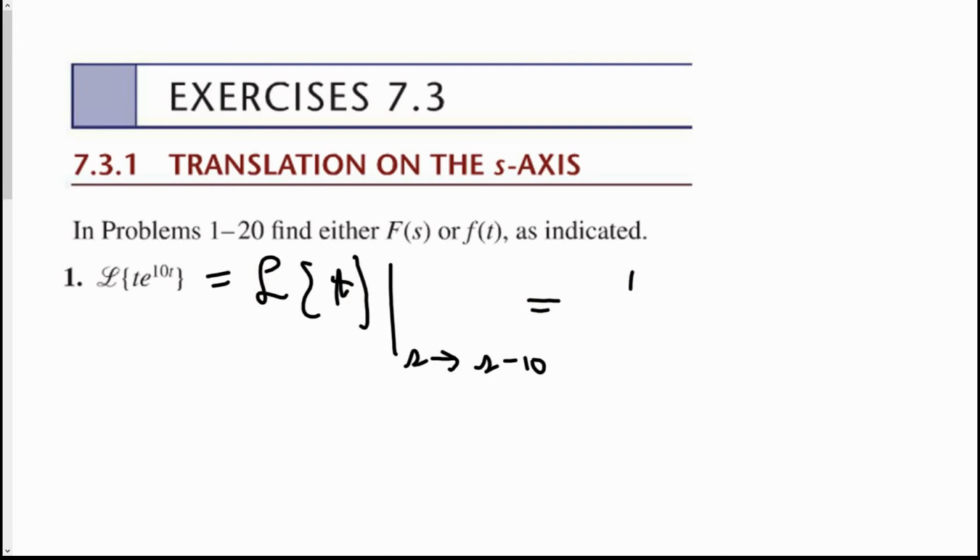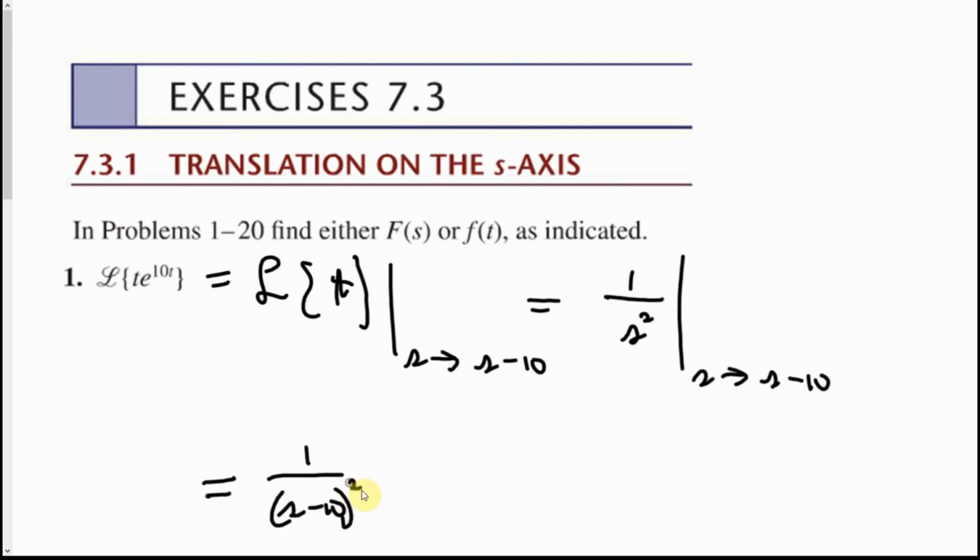So that's going to be 1 over s squared, and then s goes from s to s minus 10. So here, this is just 1 over s minus 10 to the second power.